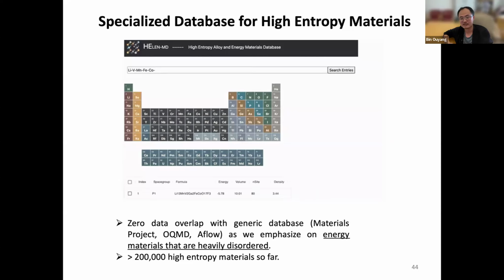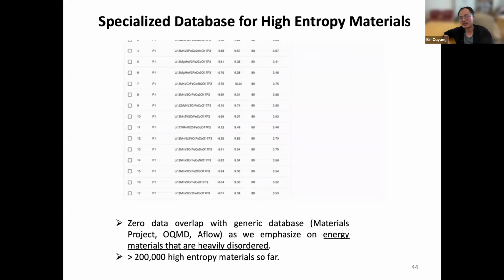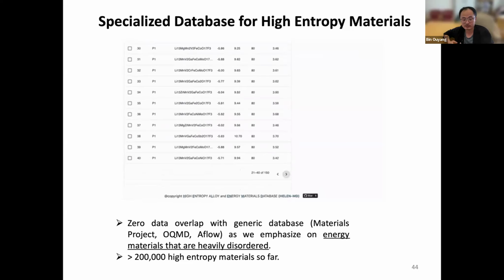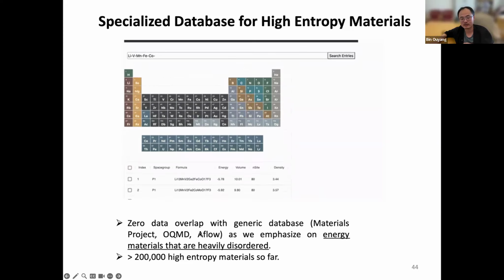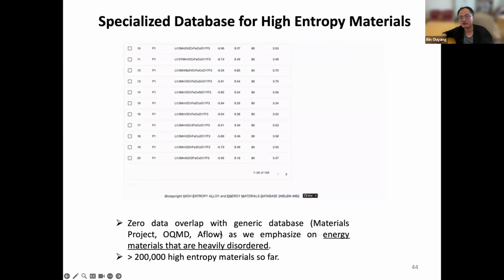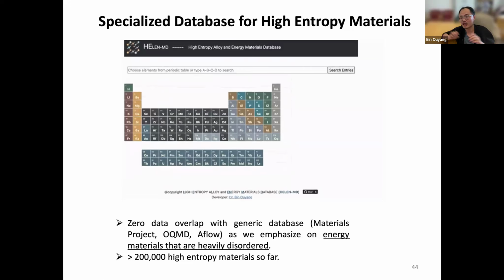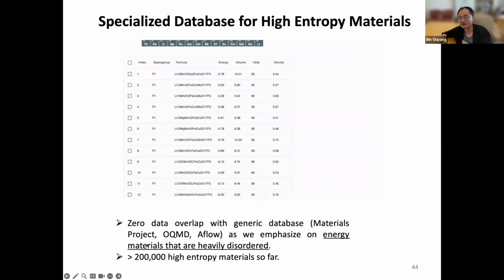But I also realized that materials scientists, especially experimentalists, care only about the materials they're working on. In reality, those generic databases have very limited materials for a specific domain. They have maybe 1 million materials across ICSD, but if you talk about high entropy alloys, surprisingly there is zero data in Materials Project.